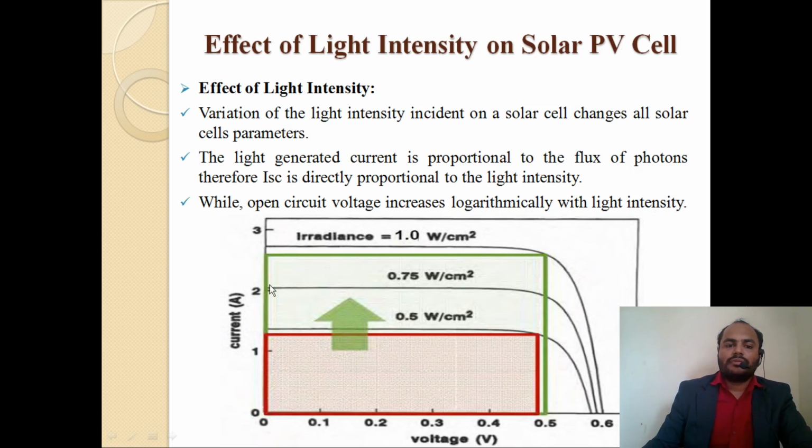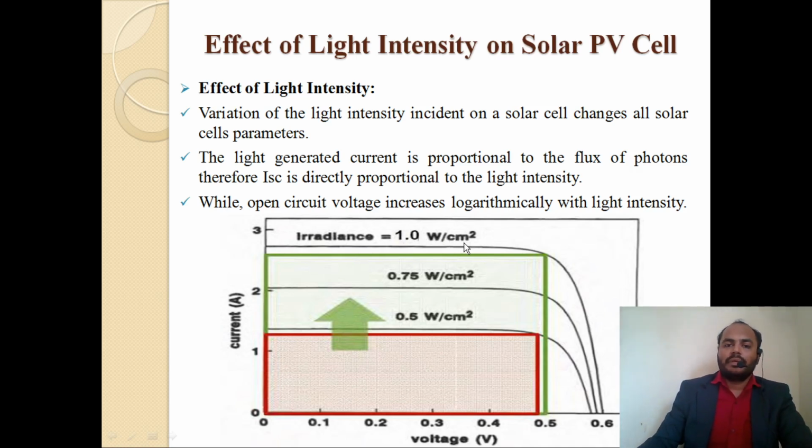We see this curve. On the y side there is current and on the x side there is voltage. We are continuously increasing the irradiation level. Let's say this curve is at 0.5 watt per centimeter square irradiation level. Next is 0.75, and last is 1 watt per centimeter square.